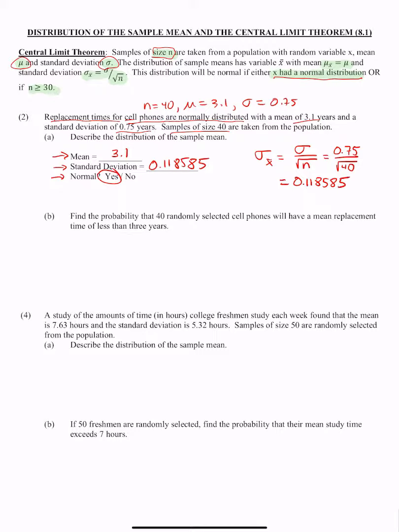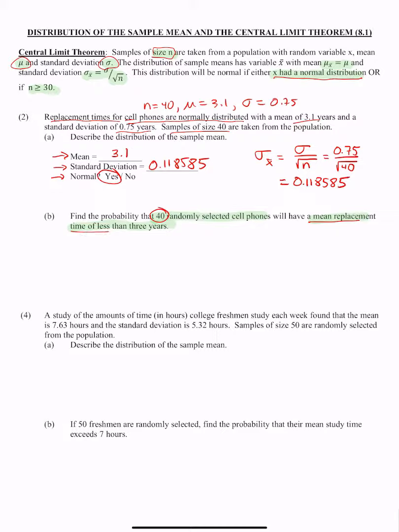Okay, then part B asks us to actually use this information to find a probability. Can we find the probability that 40 randomly selected cell phones will have a mean replacement time less than 3 years? The reason why we know this is a central limit theorem problem is because we have a sample of 40, and it talks about their average replacement time.